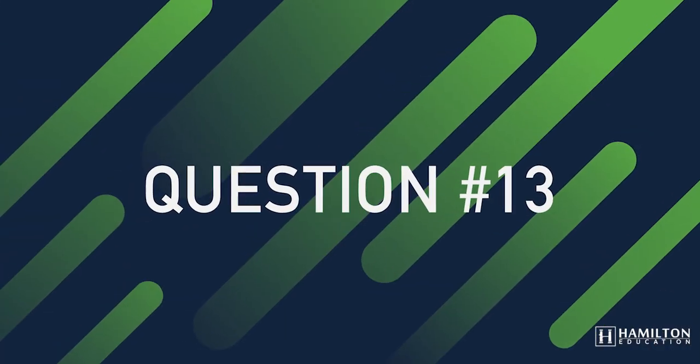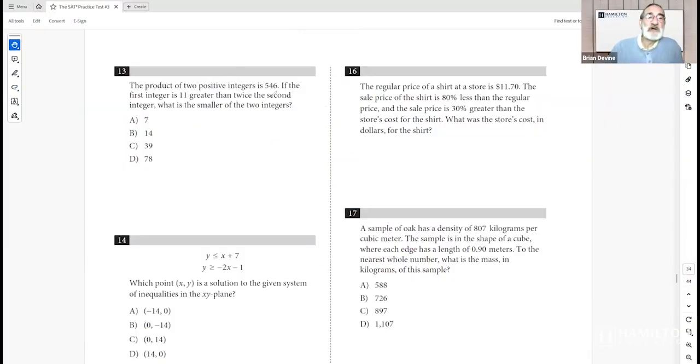Question 13. The product of two positive integers is 546. If the first integer is 11 greater than twice the second integer, what is the smaller of the two integers? Well, let's try this. I'm going to say let m and n be the integers.